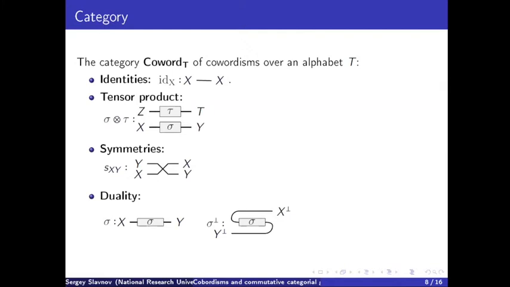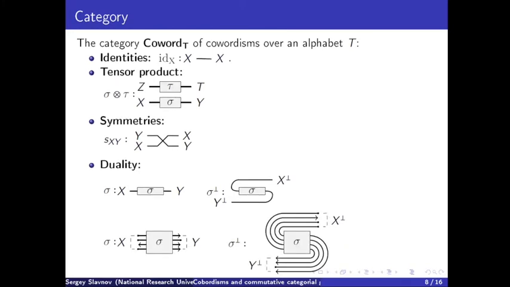defined on boundaries and morphisms. And this is, of course, just a common graphical representation of a compact category. But I want to stress that in this case, this schematic picture represents actual cobordisms very literally.